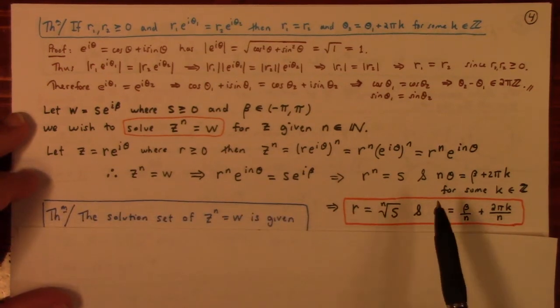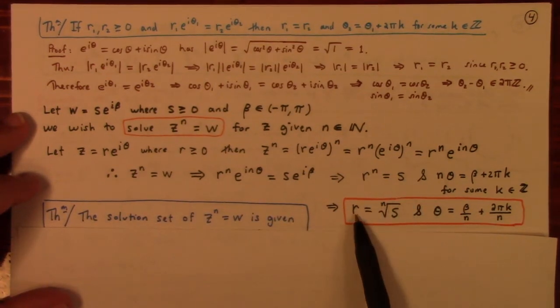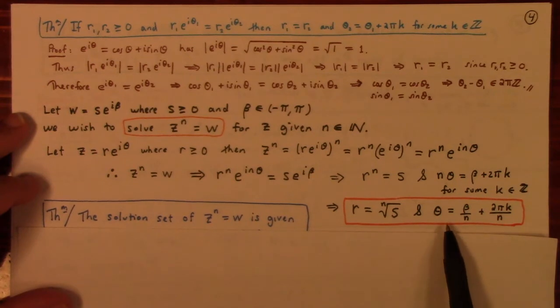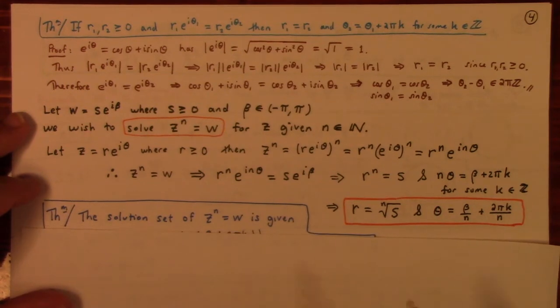Aha, but then since these are both real quantities, r is just the real nth root of s, and theta is beta over n plus 2 pi k over n. And if you think through this, as k runs from 0 to n minus 1, you'll get a complete list of answers. If you go past k from 0 to n minus 1, you'll start repeating answers.